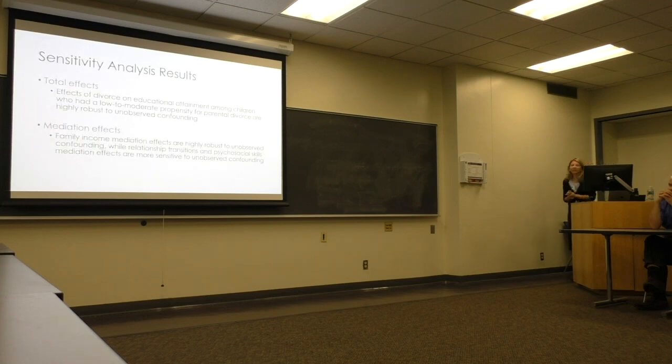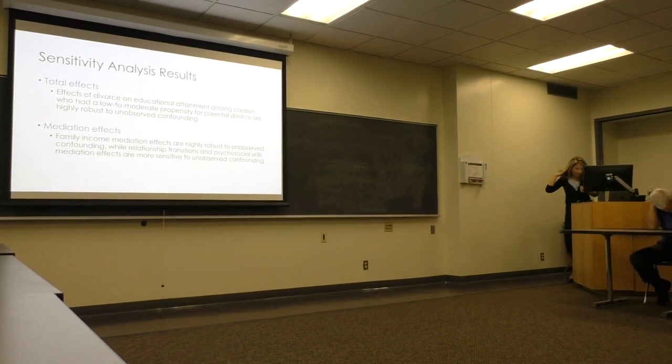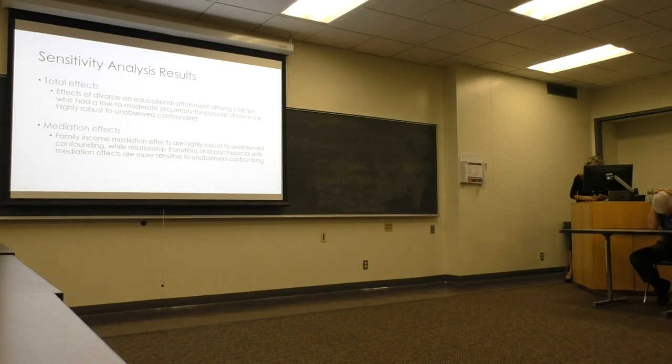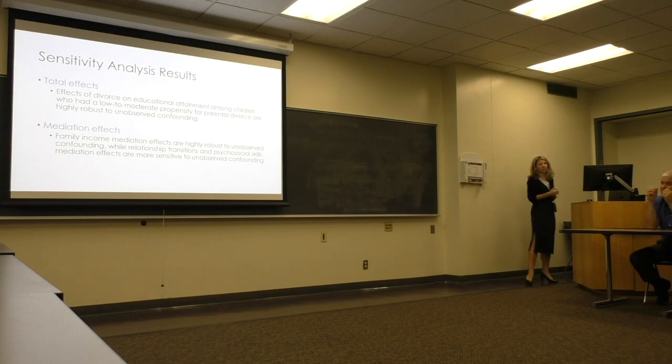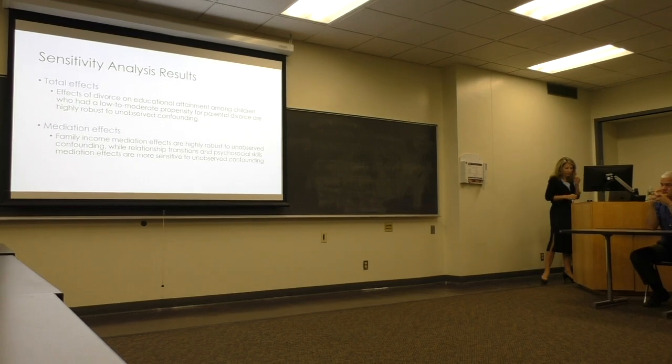So here I'm just going to summarize the sensitivity analysis results so that I don't show you any more of these results. We invoke this sequential ignorability assumption. For the total effects, we assume that the unobserved confounder, let's say it's something like father's full-time employment status, which we didn't observe in our work, and has recently gotten some attention as being an important predictor, differs between divorced and non-divorced parents by about 5%.